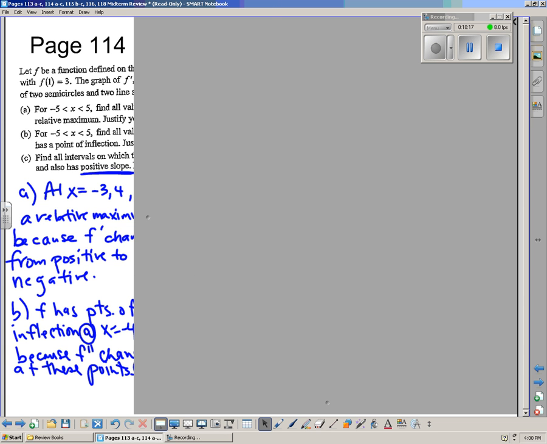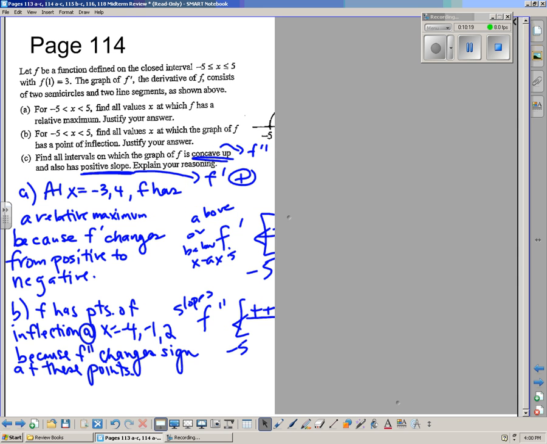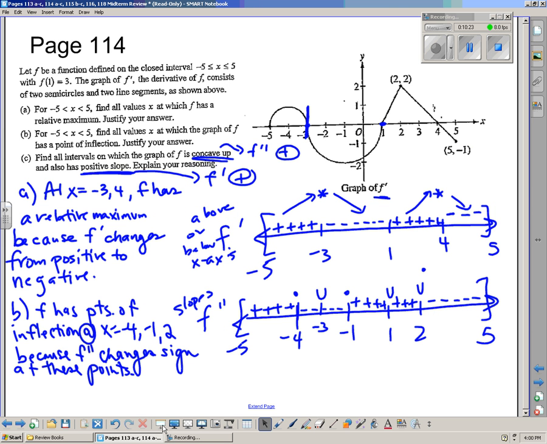So let's take a look. Okay, this dragging is not working so well, so I'm going to stop doing it. All right, if we take a look, from -5 to -4, on that interval, both f prime and f double prime are positive. Then, on 1 to 2 here, both f prime and f double prime are positive.